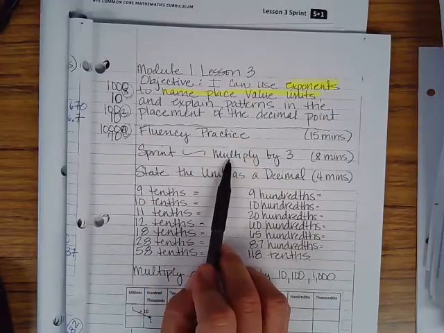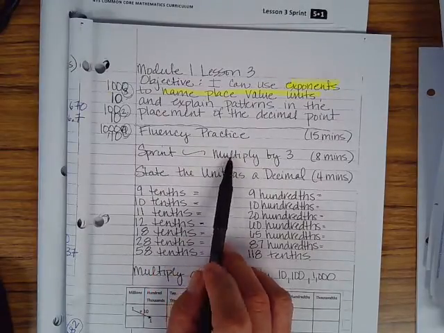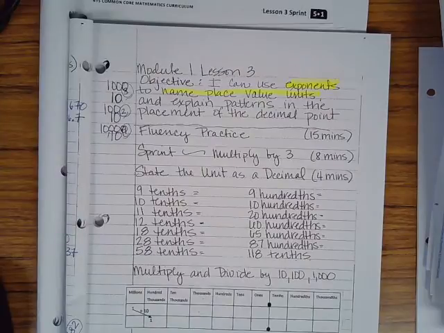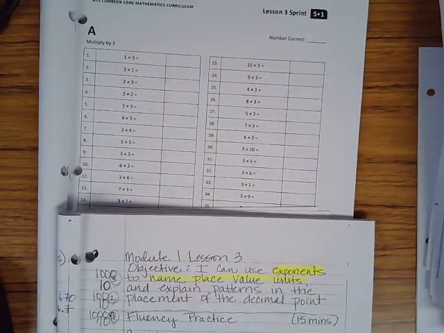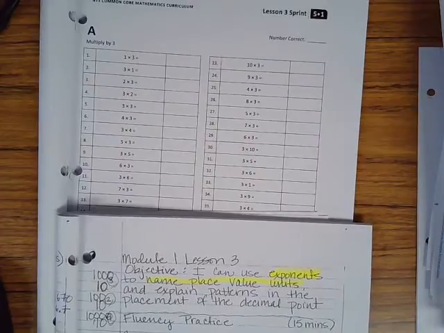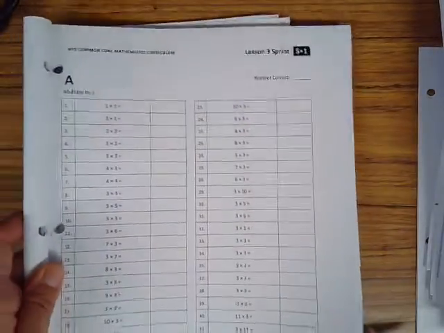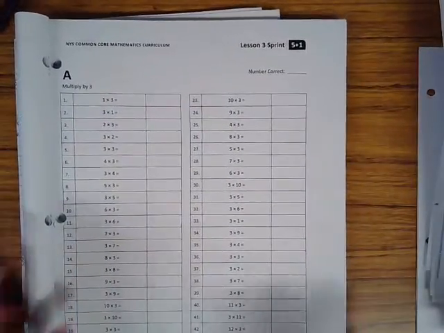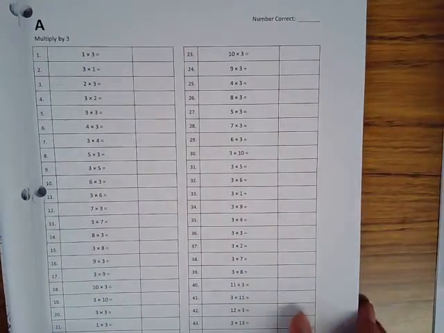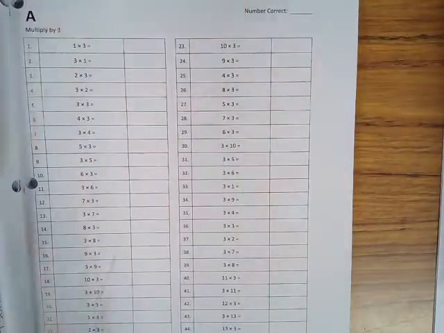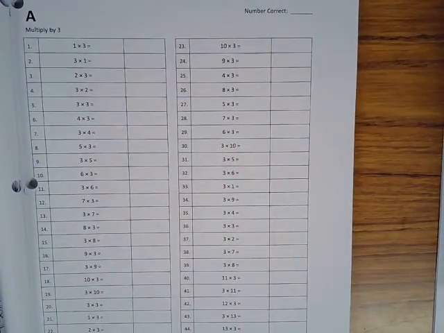We are going to start with multiplying by 3 in your book right here. You're going to open up to your sprint, and you have 1 minute to do as many as you can, as quickly as you can.